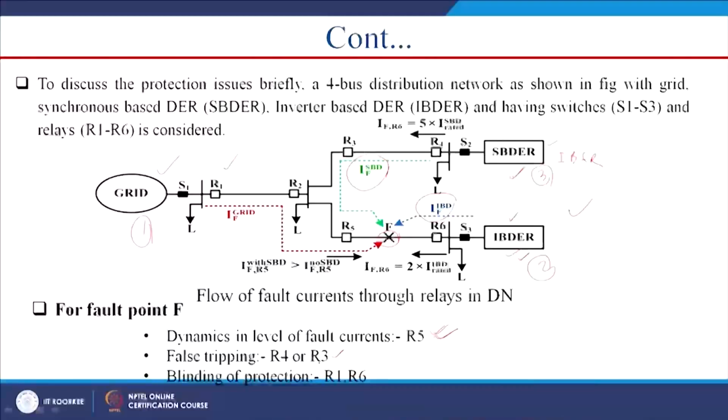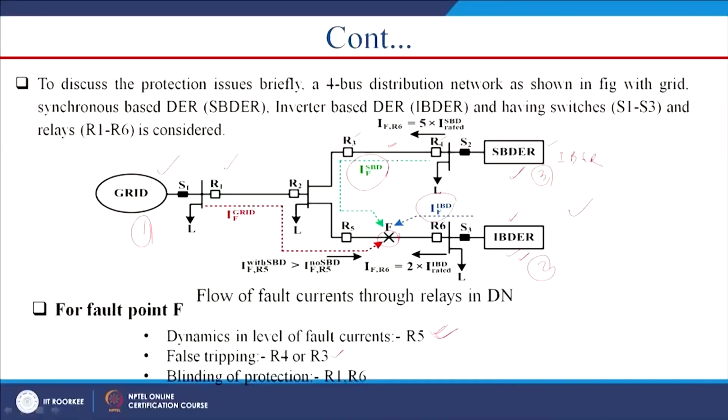Now, coming to the second point, fault stripping is seen by R4 and R3. R4 is here and R3 is here, because this fault is present here, whereas this section, this line, is a healthy section. However, due to the contribution of this fault current, R4 and R3 may trip if they are not directional in nature.